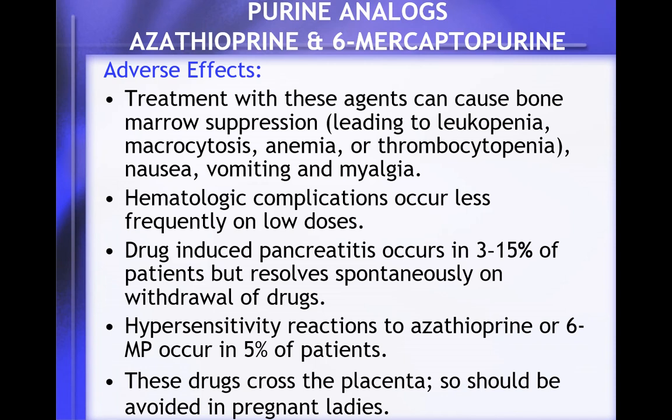Drug-induced pancreatitis occurs as a side effect in 3 to 15% of the patients, but it resolves on withdrawal of the drug. When the drug is stopped, the pancreatitis becomes corrected. Hypersensitivity reactions to azathioprine or mercaptopurine occur in 5% of the patients, and these drugs cross the placenta, so these should not be given in pregnant ladies.